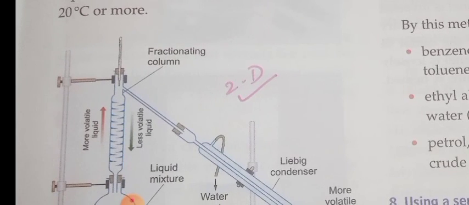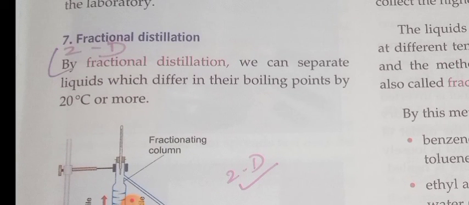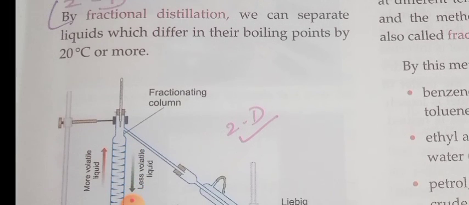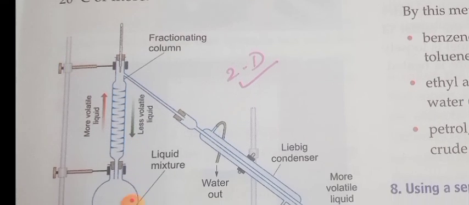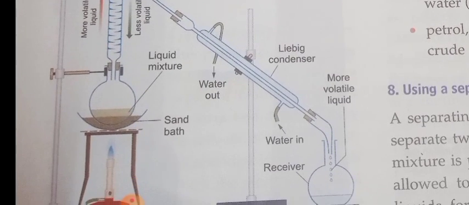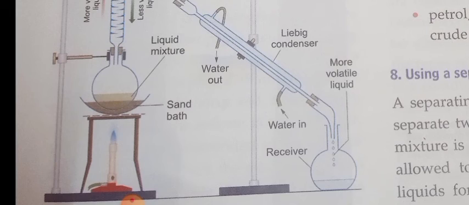Now we are going to separate liquid mixtures. The liquids should differ in their boiling points by 20 degrees Celsius or more. Those liquids can be separated by this fractional distillation method. The setup is similar to the distillation method.